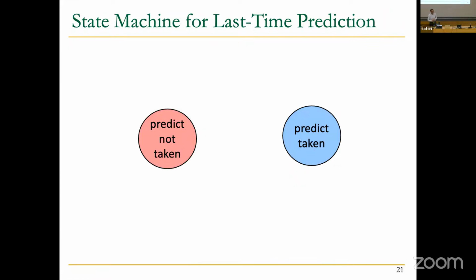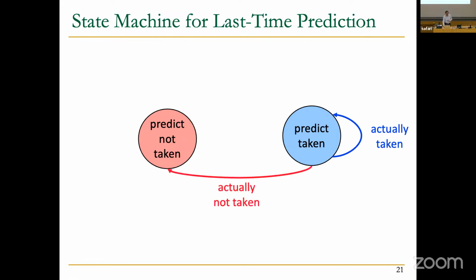Okay, so this is actually a state machine, right? If you look at it from the perspective of that bit that encodes whether the branch should be predicted taken or not taken, you have a state machine that goes back and forth between 2 states. If the bit is 1, you predict the branch as taken. Otherwise, you predict it as not taken. If the branch is actually taken, you stay in the predict-taken state, when it's resolved, of course.